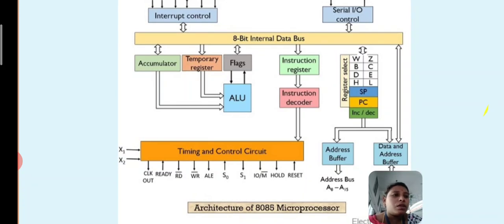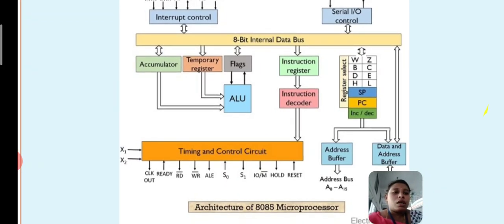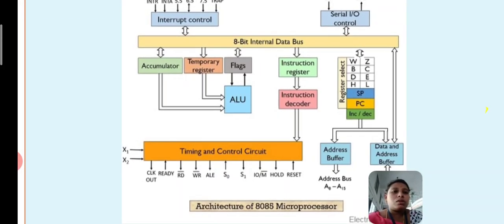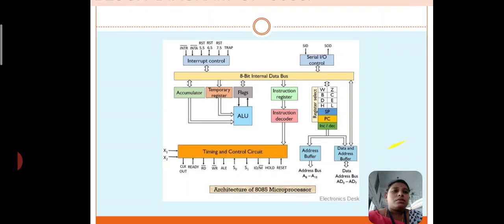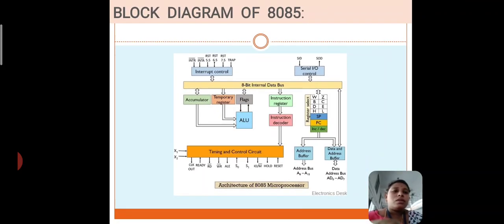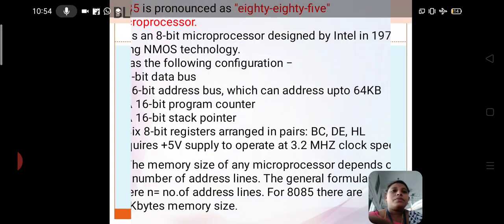Next, address buffer, data and address buffer, latch, timing and control unit, and ALU. These are the blocks of the architecture of the 8085 microprocessor. Now we can see the functional explanation of each block. This is the block diagram of the 8085 microprocessor.